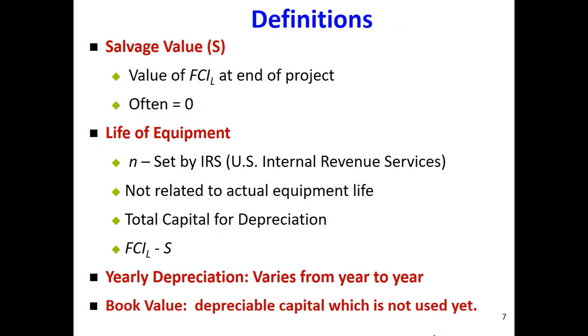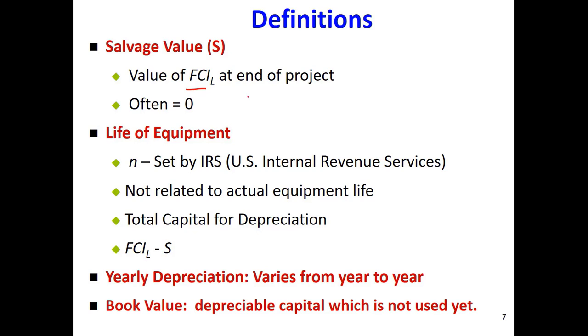Now we need to know some of the definitions here. First one is salvage value. Salvage value is the value of your fixed capital investment at the end of the project.